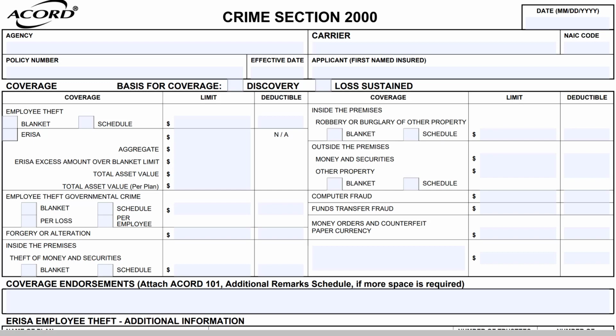The crime section does not cover data breach, which is a person hacking in or somehow getting access to the client's data from outside, a non-employee. The reason crime insurance is here in the first place is that the property section, which has to do with losses, specifically excludes you from causing a loss to yourself.